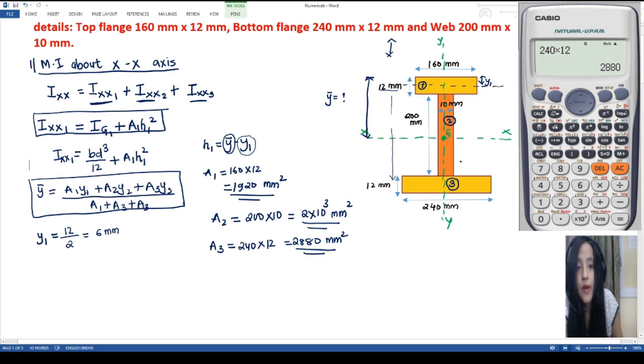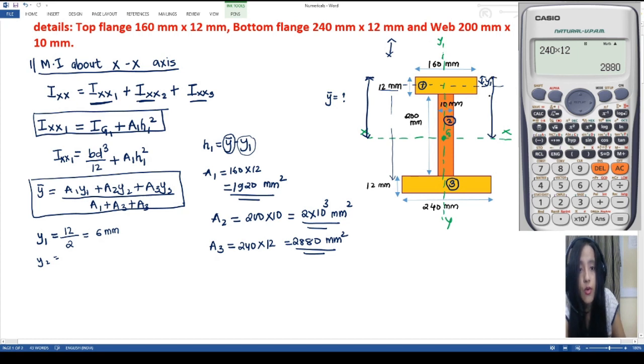Now if I am to find Y2, I need to find it for this web portion here, which means I need to come all the way from top till here, right?